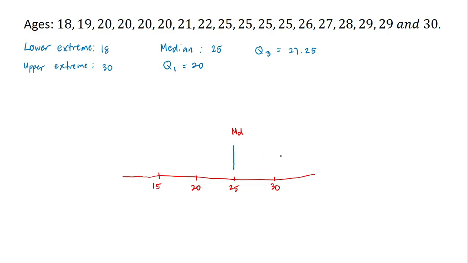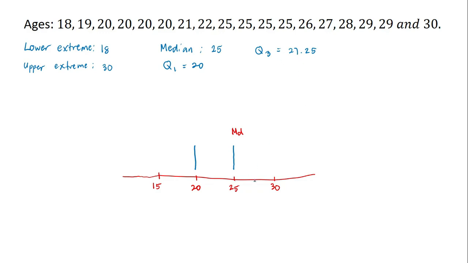And then we also locate the first quartile and the third quartile. Our Q sub 1 is 20, so just draw also a line here. And then we have Q sub 3, 27.25.